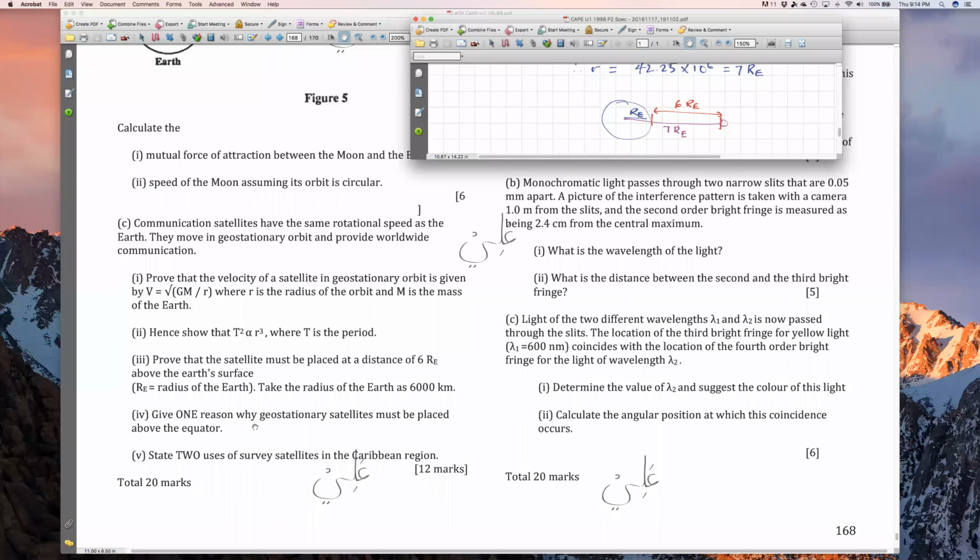Give one reason why geostationary satellites must be placed above the equator. We had spent some time in class discussing why the geostationary satellite must be placed across the equator.